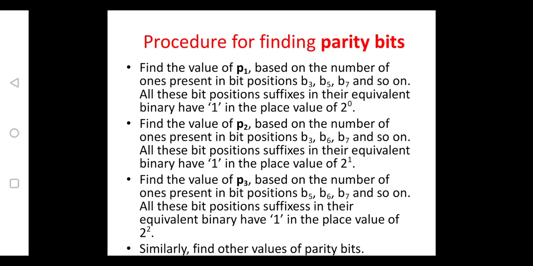If it is odd parity, let me take B3, B6, B7 as triple 1. P2, as I am saying, is an odd parity. Already there are an odd number of ones, so P2 should also be equivalent to 0.